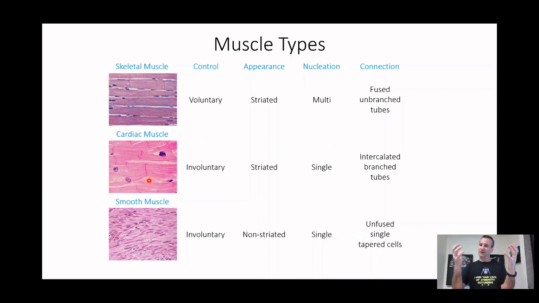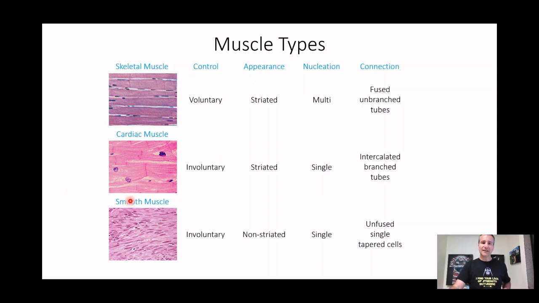So hopefully that makes sense. In the skeletal muscle, instead of making the disc, they just open up a channel between the two cells, and now the two cells are connected. Whereas in the cardiac muscle, they just keep that disc in place of the fusion. All right, so these are single cells that are connected by these strong discs.